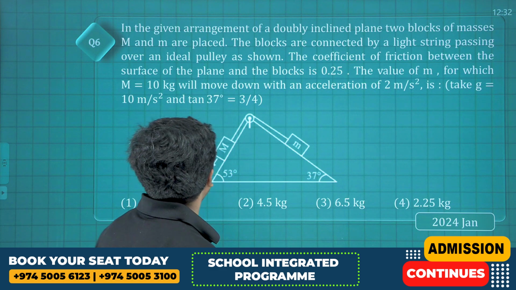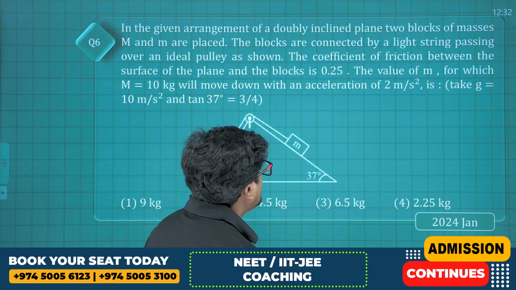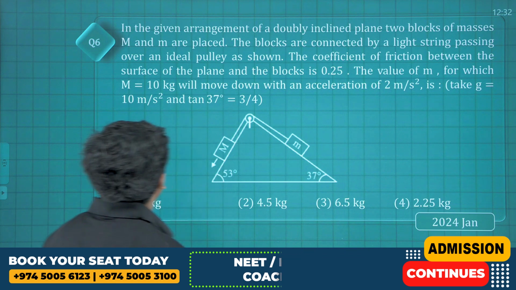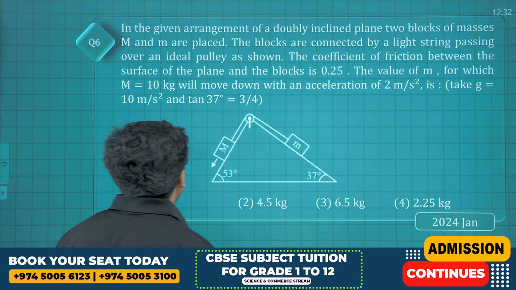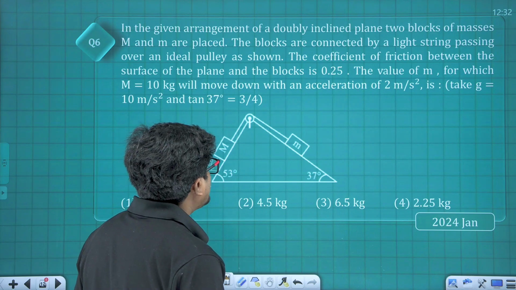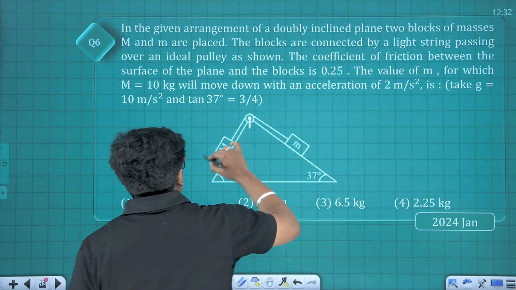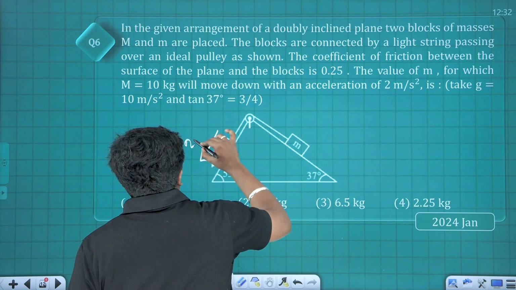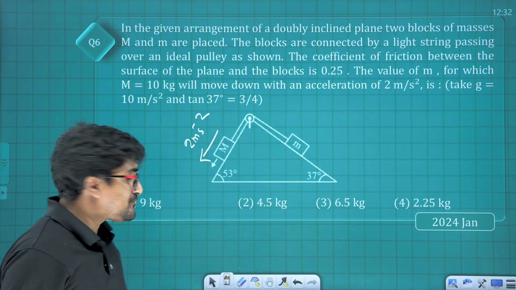The coefficient of friction between the surface of the plane and the block is 0.25. The value of small letter m, for which mass capital M, which is equal to 10 kg, will move down with an acceleration of 2 meter per second square, is. So 2 meter per second square is the downward acceleration.